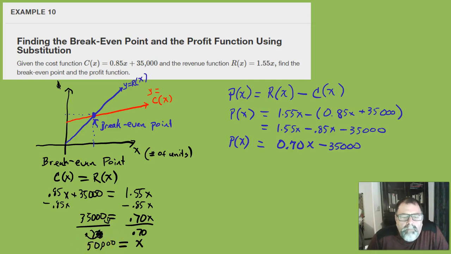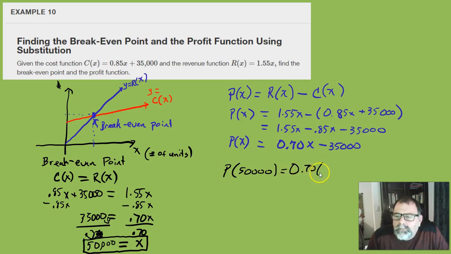So we need to sell 50,000 units and produce 50,000 units. And that'll be our break-even point. Okay, and then this is our profit margin. So if you were to put 50,000 units into the profit function, you would get $0. So you break even.